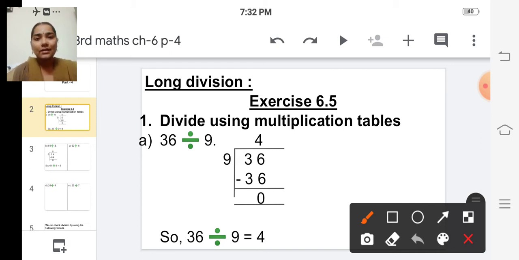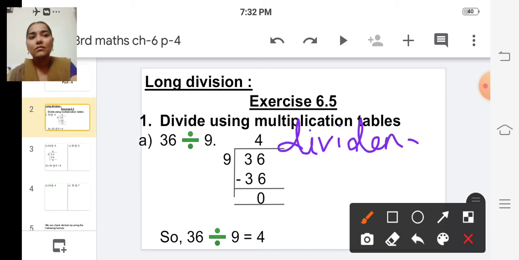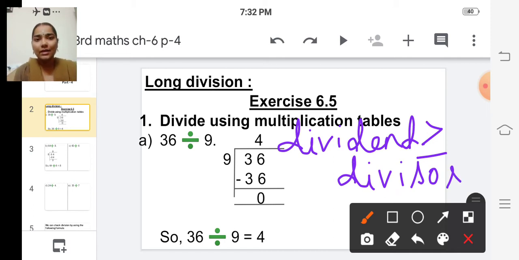Then only you can divide the numbers. If the dividend is less than the divisor, then we cannot divide. So, you all remember, the dividend should be greater than or equal to the divisor.